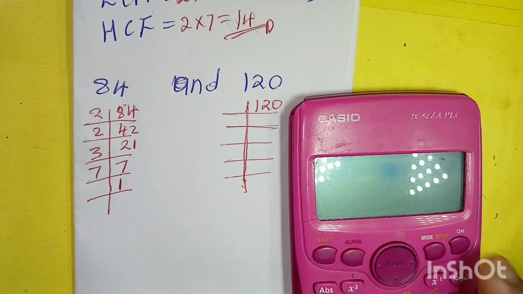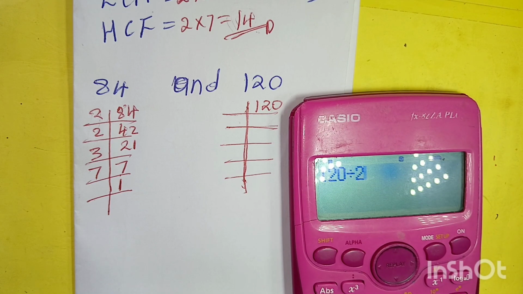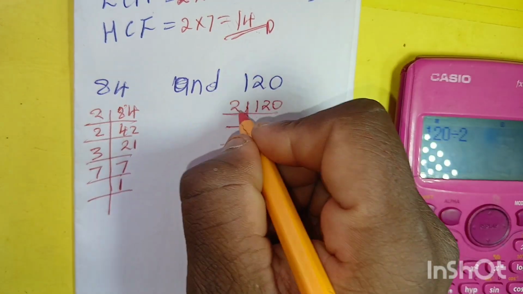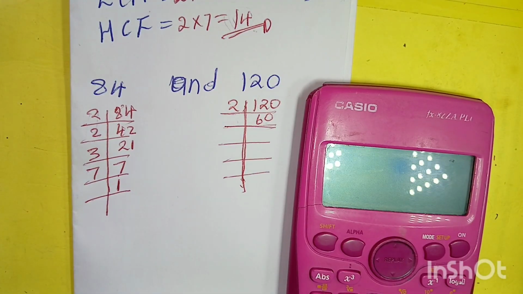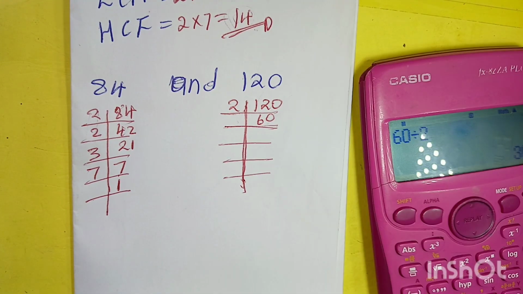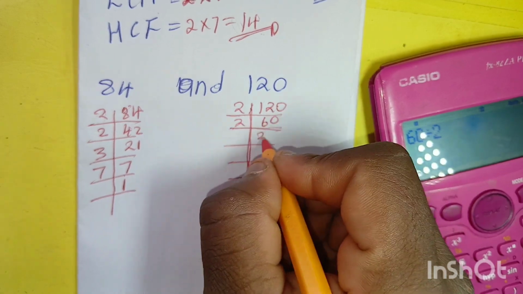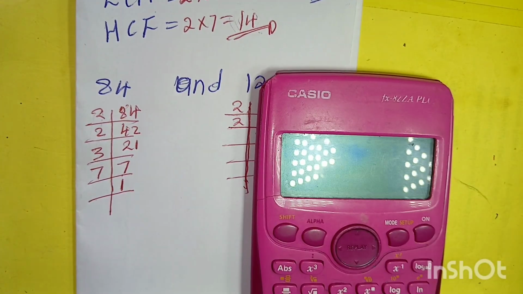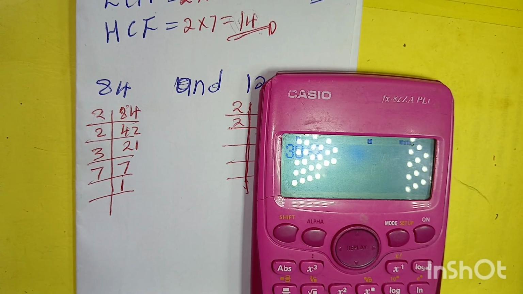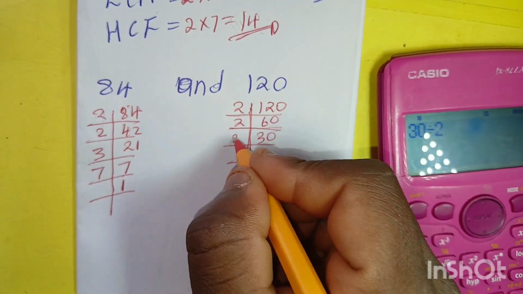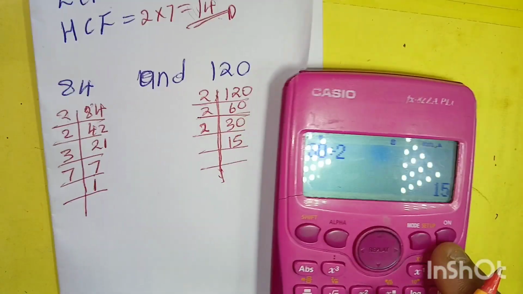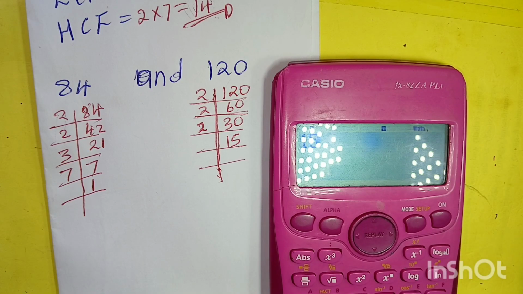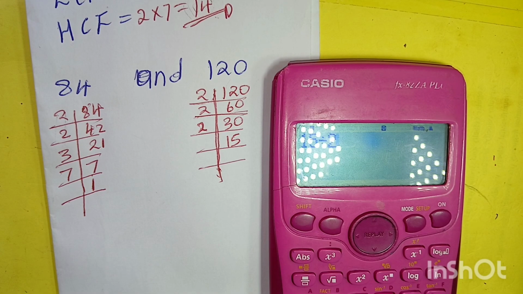So for here, 120 divided by 2, it means that 2 can go in 60 times, and say 60 divided by 2, it means 2 can go in 30 times. So 30 divided by 2, meaning that 2 can go in how many times? By 15. And say now 15 divided by 2 can never go.